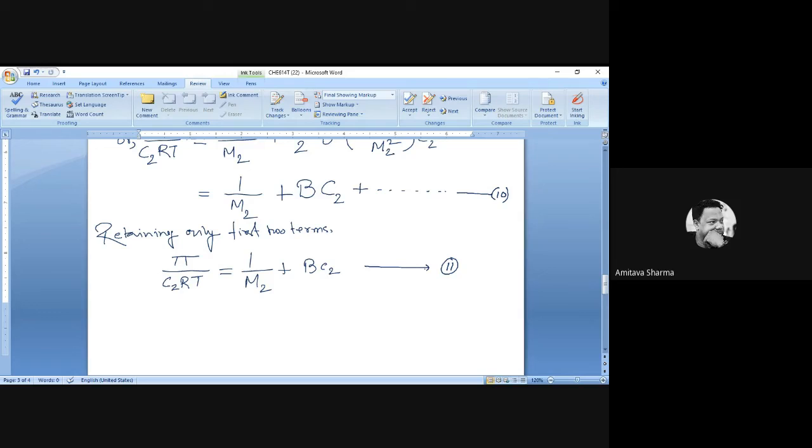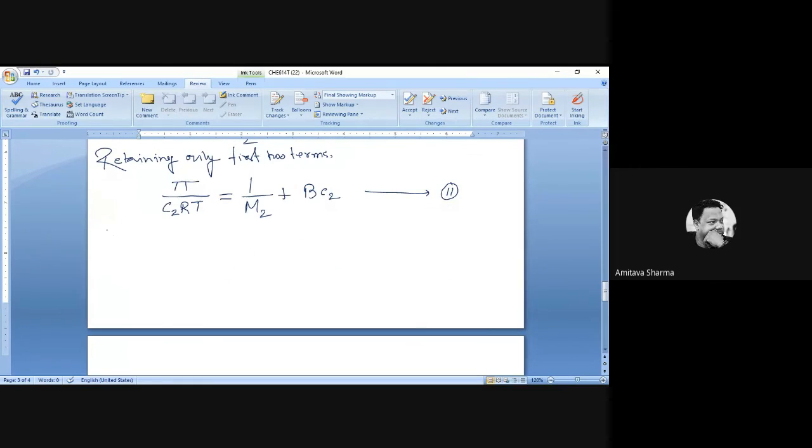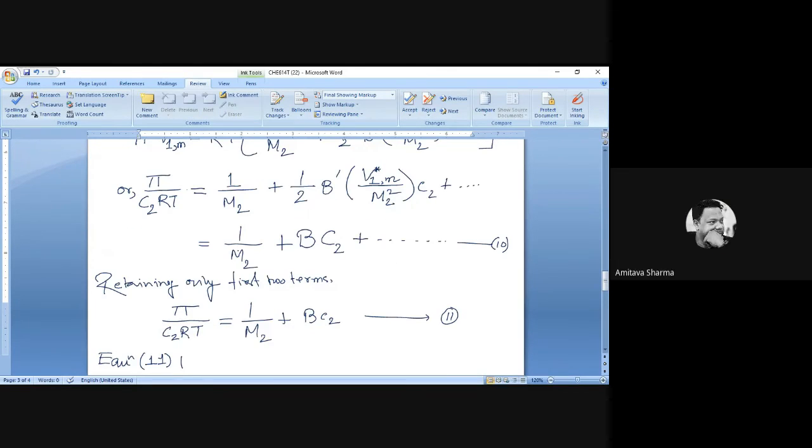Now equation 11 that we have derived; this one is 10.